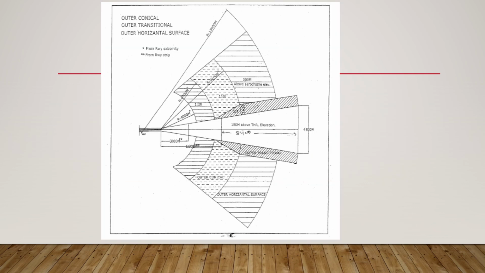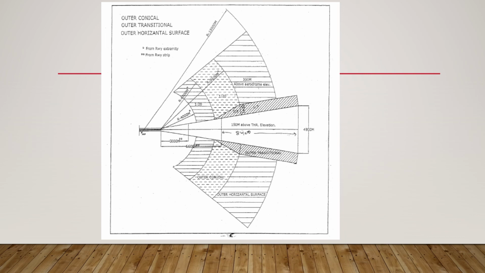This figure is an extract of the GSR 751E, which lays down the guidelines with reference to the Indian subcontinent. In this figure, you would see there is an additional surface which has been developed called the outer conical surface.